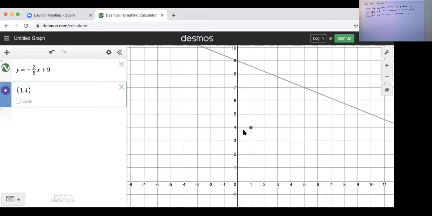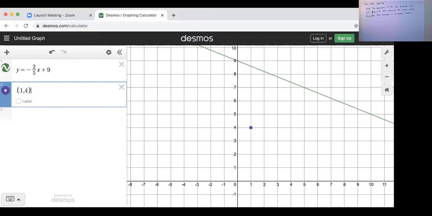So see if you can visualize it, right? Something like this. Well, I need to see the slope of this line, but we kind of get that for free, right? y equals mx plus b. m is negative 2/5, down 2, over 5, down 2, over 5.